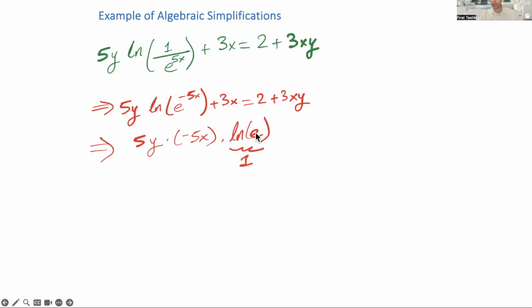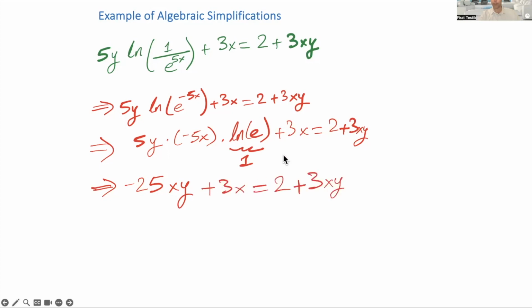And ln e, we know that is equal to 1. So we have 5y times negative 5x plus 3x equals 2 plus 3xy. All right? So the first term, 5y times negative 5x is negative 25xy. The rest is the same for now: plus 3x equals 2 plus 3 times xy.